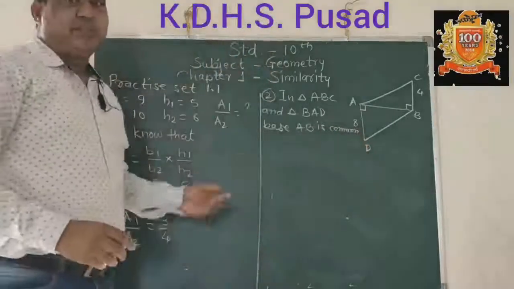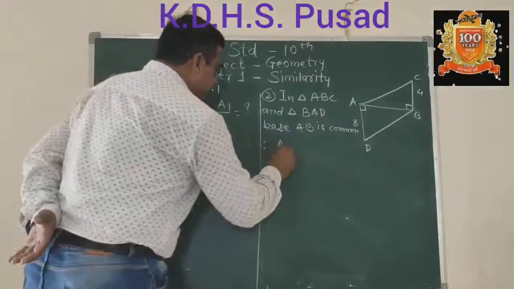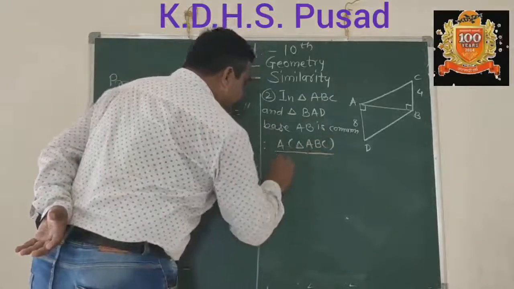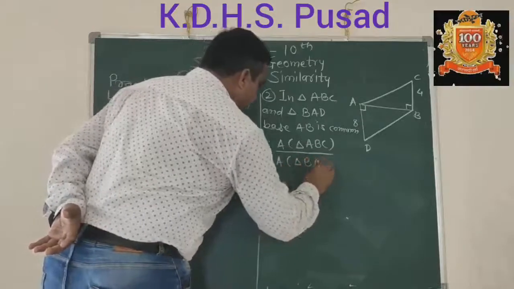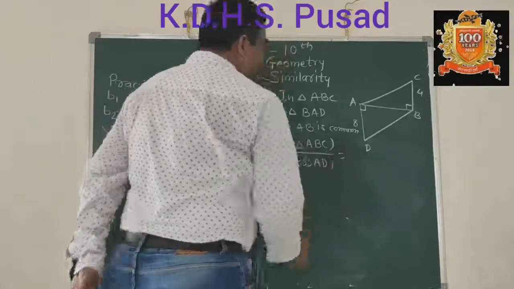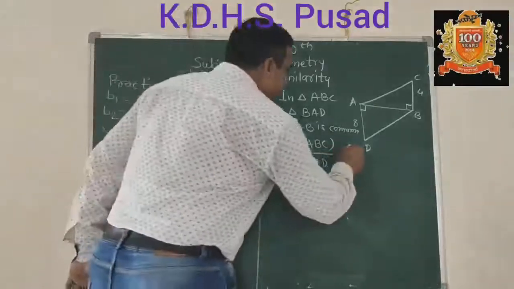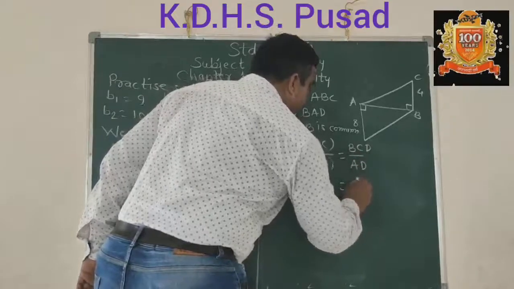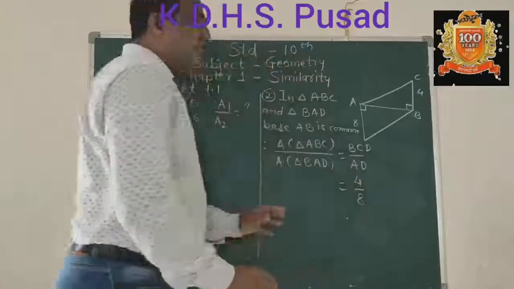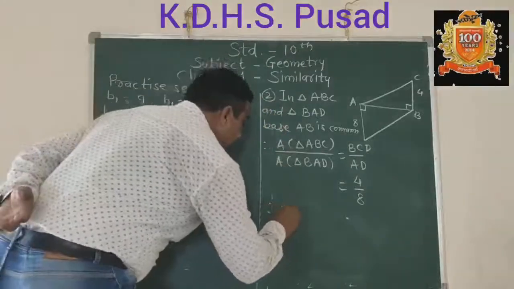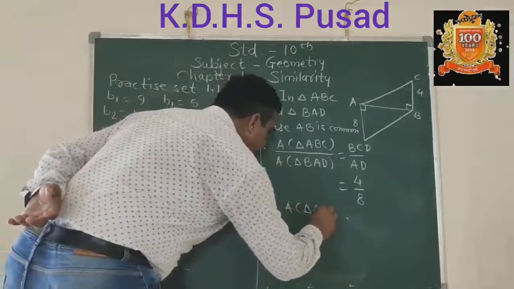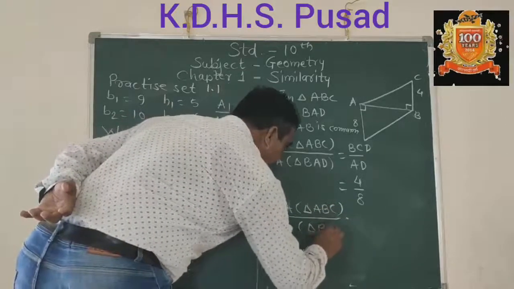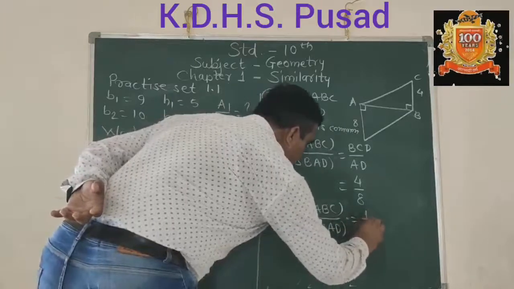So base common, that is equal. Therefore, area of triangle ABC by area of triangle BAD is equal to the ratio of their corresponding heights, BC by AD. Now we put down the values 4 by 8 and convert them into simplest form. Therefore, area of triangle ABC by area of triangle BAD is equal to 1 by 2.